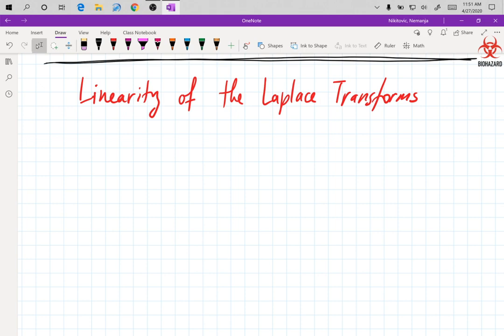Usually we just say Laplace, or when you are solving these problems and trying to explain something to a fellow teammate, you just say Laplace it. So you apply Laplace transform. You just say Laplace it.